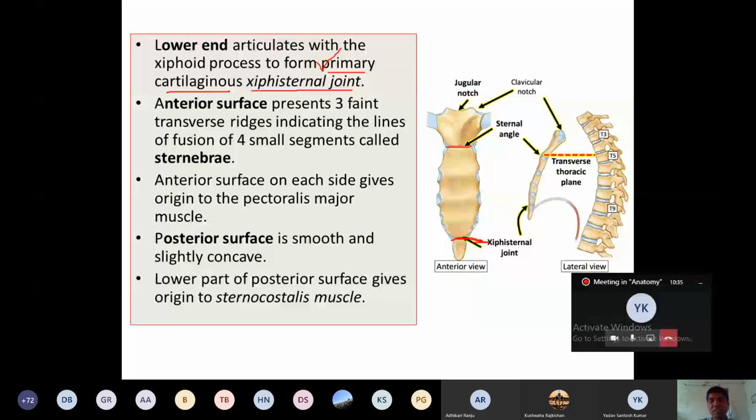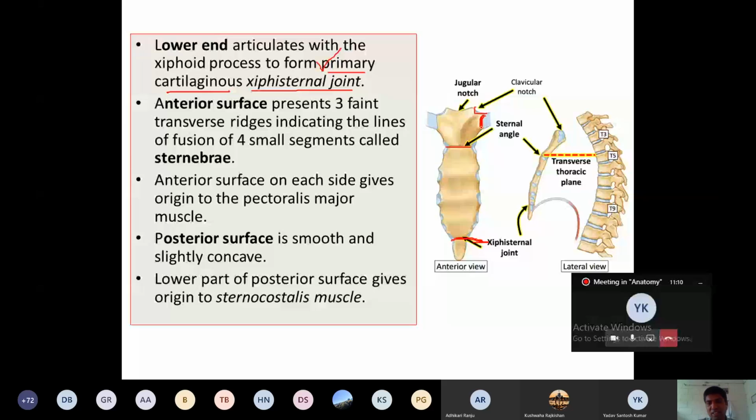Here, the clavicular notches in the manubrium articulate with the clavicle to form the saddle variety of synovial joint. And the first costal notches in the manubrium, in its lateral border in the upper part, articulate with the first rib to form the costosternal joint, and this joint is a primary cartilaginous joint.